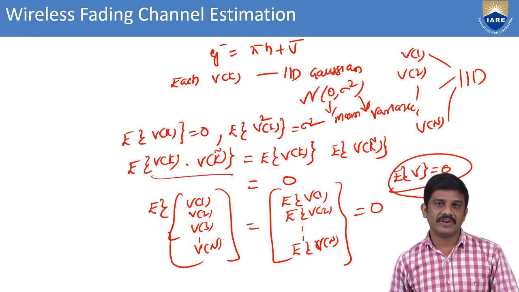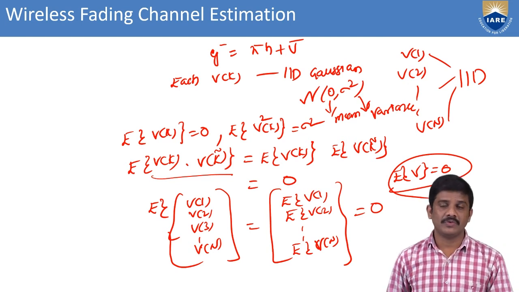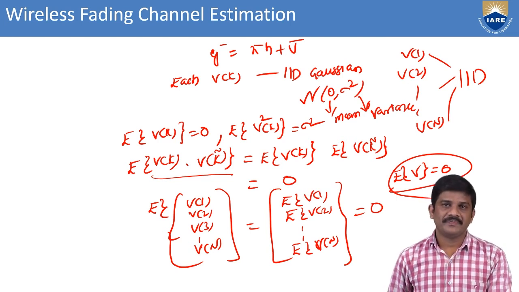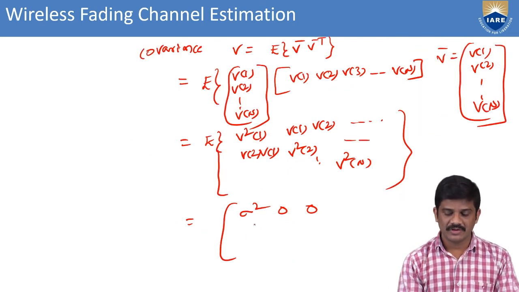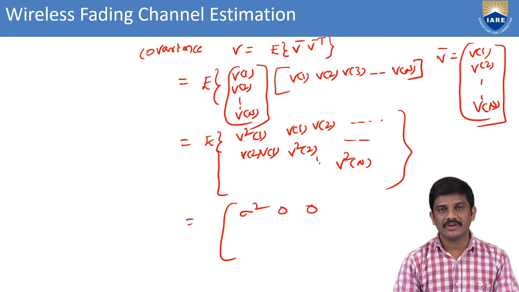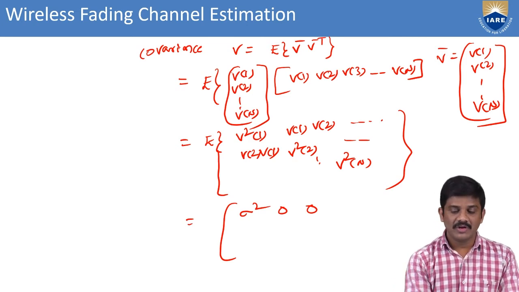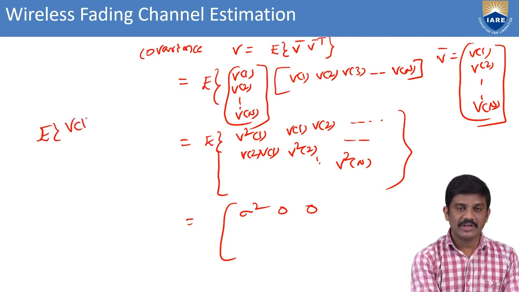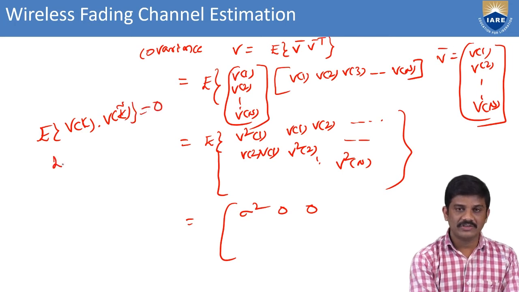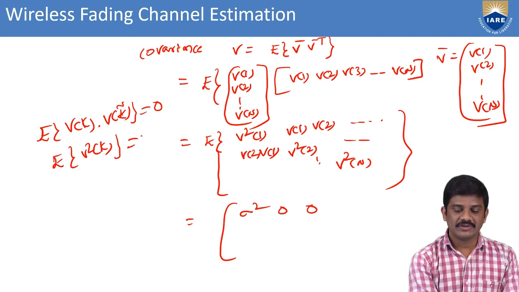The estimation of v of 1 with v of 2 or v of 3 gives 0. From this we can write that the estimation of v square of 1 equals sigma square. We know the estimation of v of k is also 0, but the estimation of v square of k we can write as sigma square.